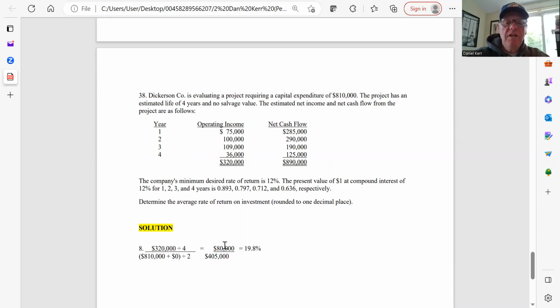So there's your average income, there's your average investment, so it's 19.8. Those of you who messed it up did something other than the average rate of return, or another mistake was made: 810 was only the carrying value of the investment in the first year, which is going to be depreciated over time. So the average cost is going to start out at 810 and end up at 0, so the average there is going to be 405.